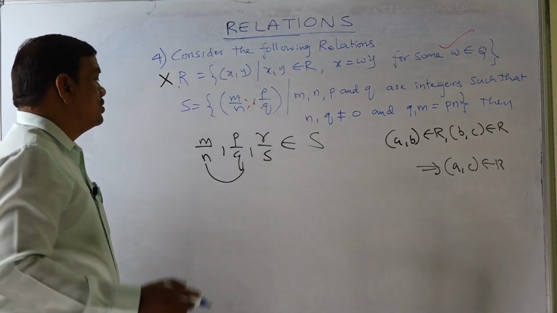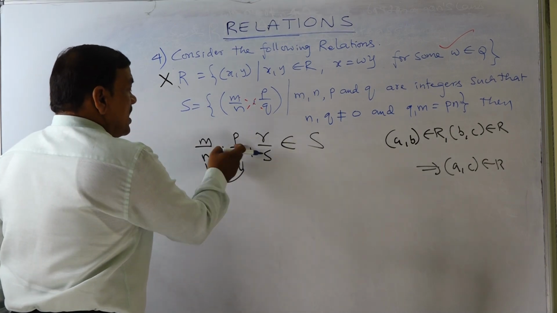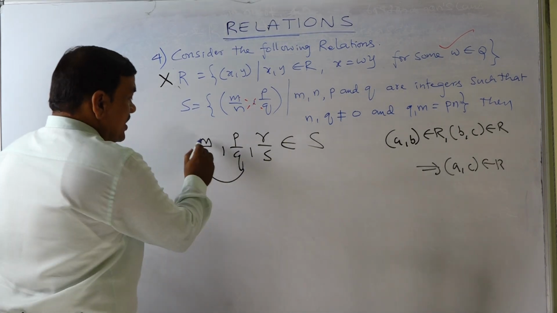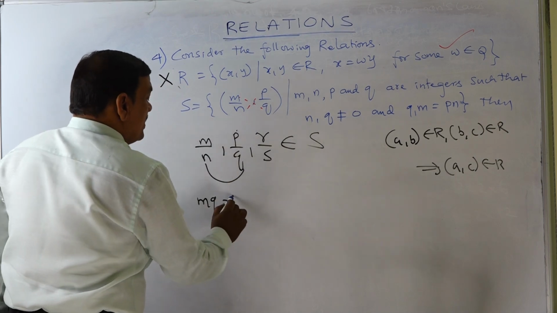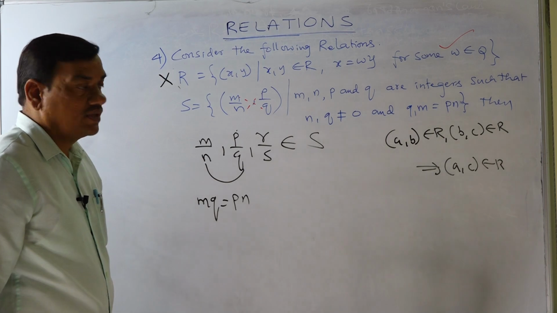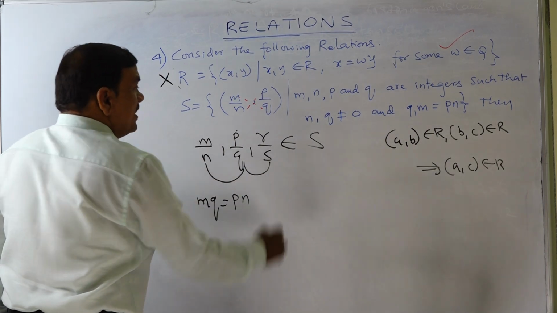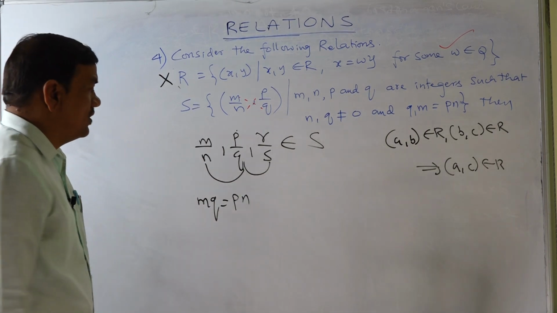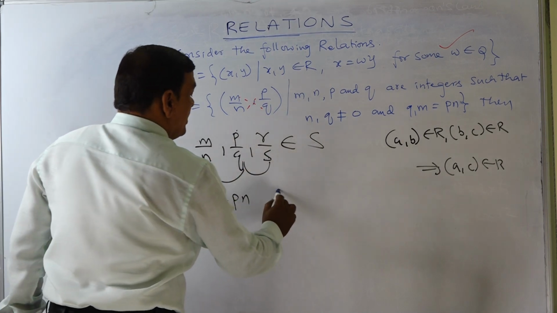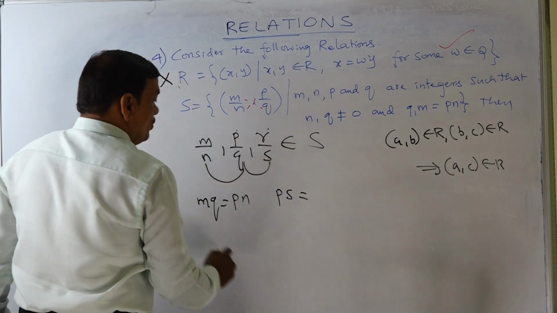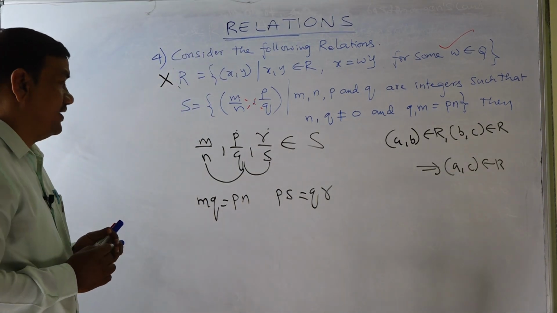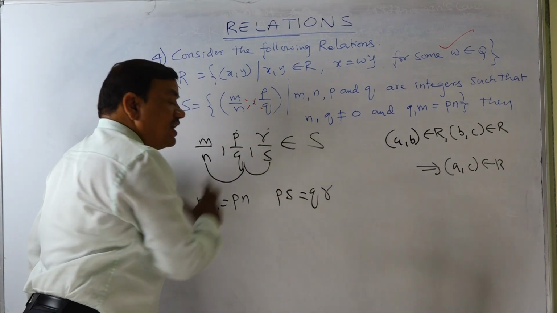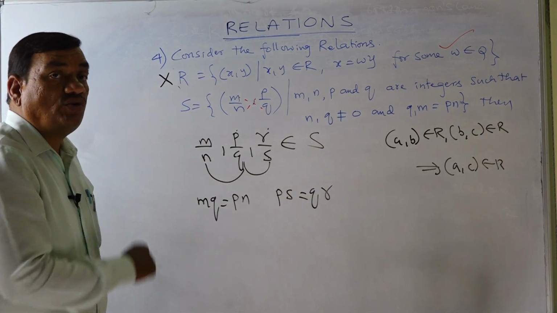First, (a, b) belongs to R. What is the condition here? m into q is equal to p into n. Now, (b, c) belongs to R. What is that condition? p into s is equal to q into r. These two things we have. Then what do we have to check?